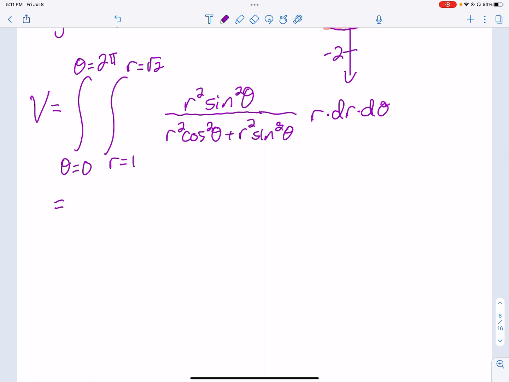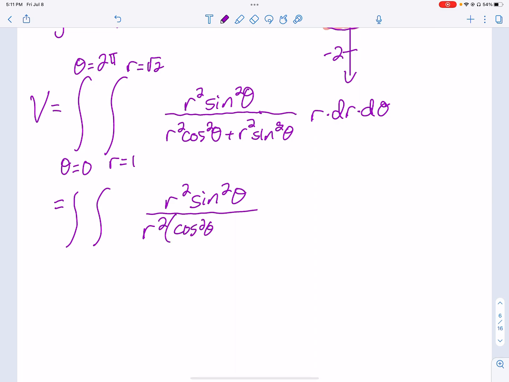So, okay, we can rewrite this. Let's go ahead and do that. I'm not changing any bounds, so I'm going to be lazy and not write it there. I get r squared sine squared theta. Then r squared's in both of these, so I'm going to factor out that cosine squared theta plus sine squared theta, and r dr d theta.